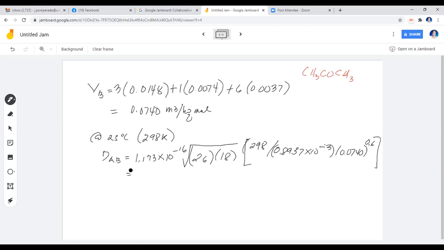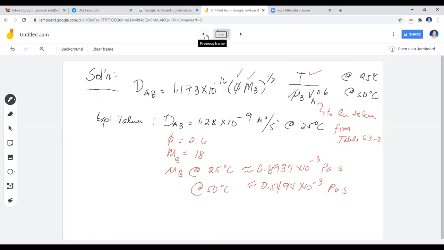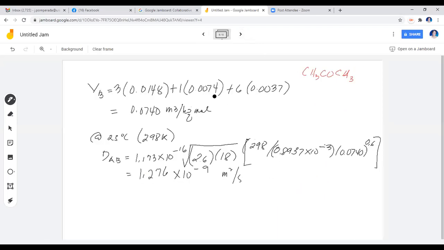Let me see. So your DAB value is 1.276 times 10 raised to negative 9. This will have a unit of meter squared per second. The experimental value that is given is 1.28, so the predicted value compares well to this. It is more or less 1.28.